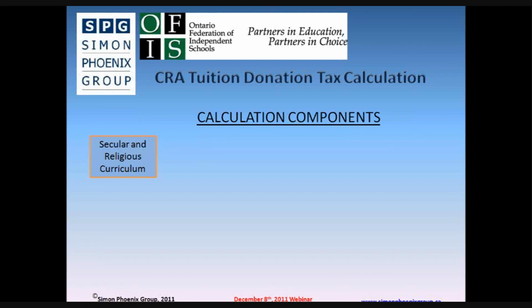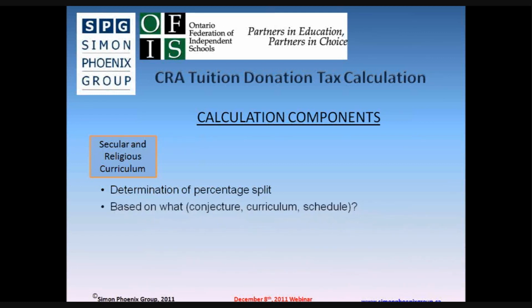So on the secular and religious curriculum side of things, which is the first component that I spoke to, you need to be able to come up with a method of determining what your split between secular and religious is. And this will be different for different schools. There is no one answer that fits for every school. You need to understand what you're going to be basing that split on. Is it just pure conjecture? Hopefully not.